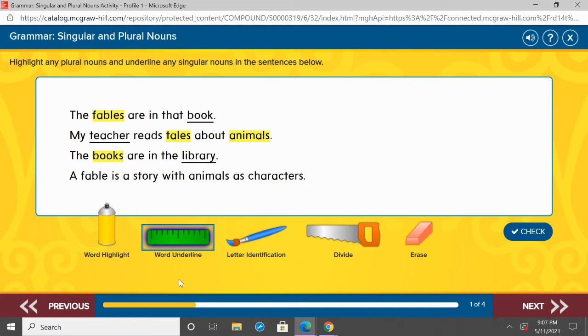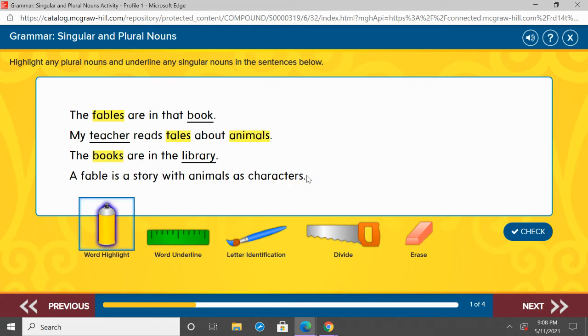Our last sentence here says, a fable is a story with animals as characters. Our nouns in this sentence are fable, story, animals, and characters. So let's first talk about our nouns that are plural, more than one.